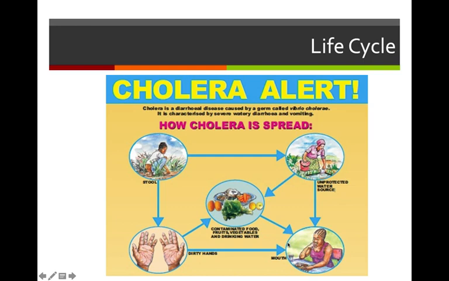So it's really important to prevent cholera that we have proper hygiene, so washing hands with soap and water, but even more importantly is adequate sanitation, water treatment facilities to remove sewage and to make sure that everybody has clean drinking water.